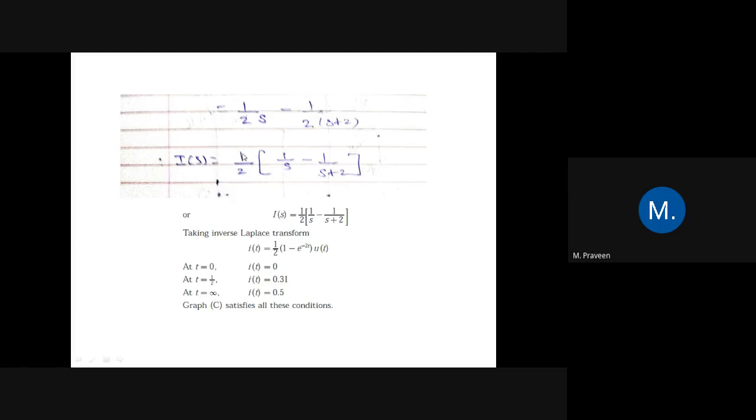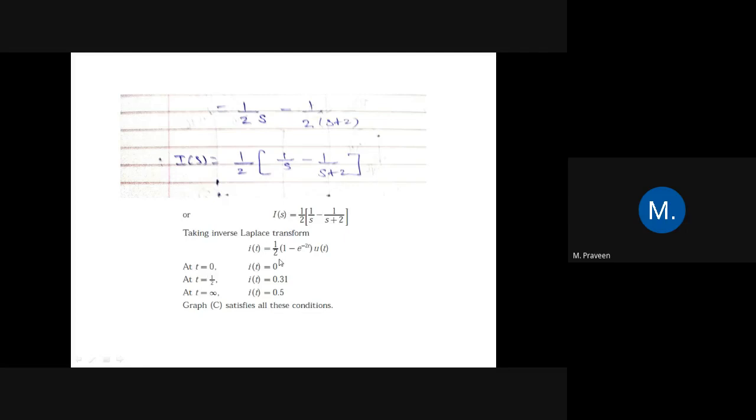So I of t is 1/2 as a constant, times the inverse Laplace transform of 1 by S, which is 1, minus the inverse transform of 1 by S plus 2, which is e to the minus 2t, into u of t. Now we have I of t.